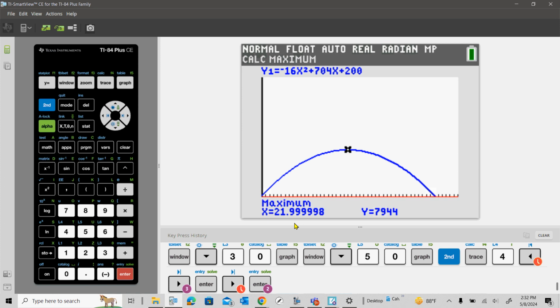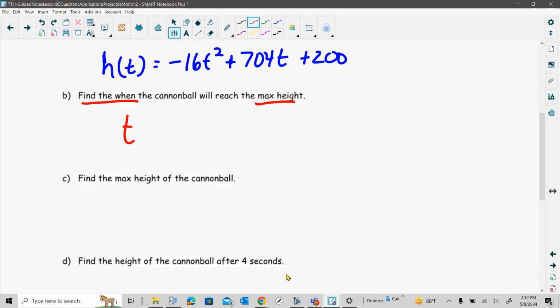We need the time though, so it takes about 22 seconds. If I round here, this is going to be rounding up. So my time is 22 seconds here.